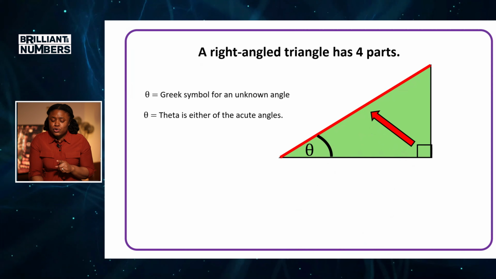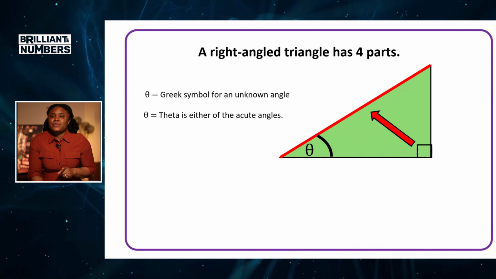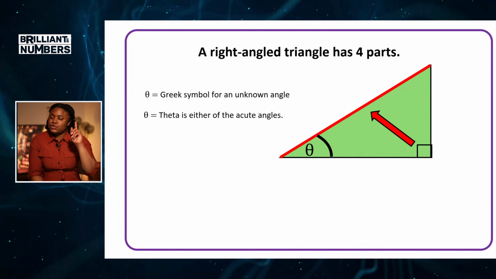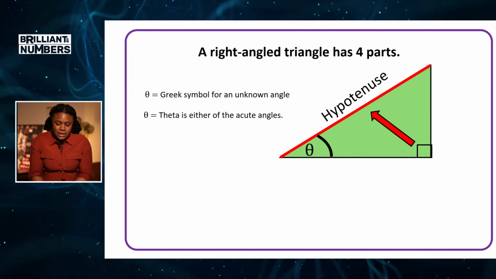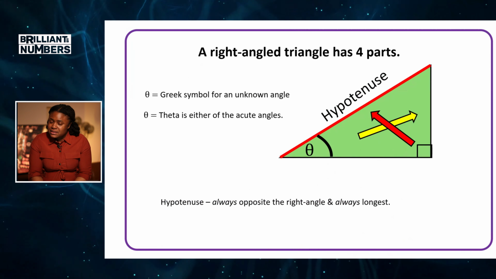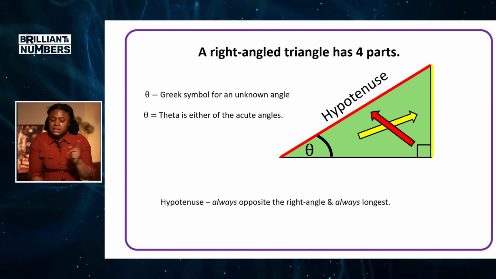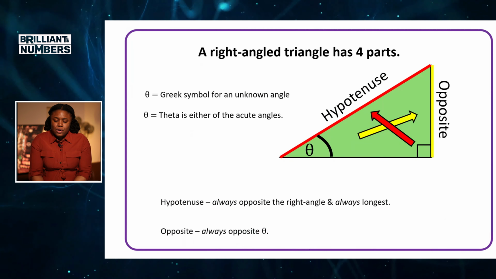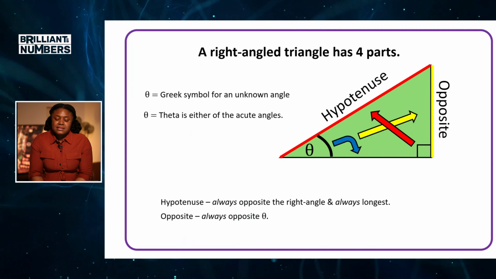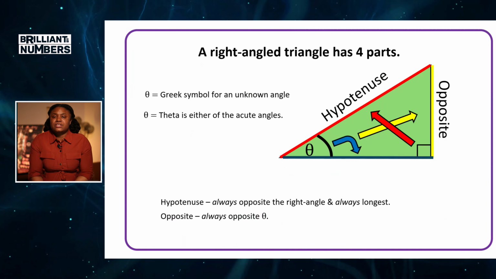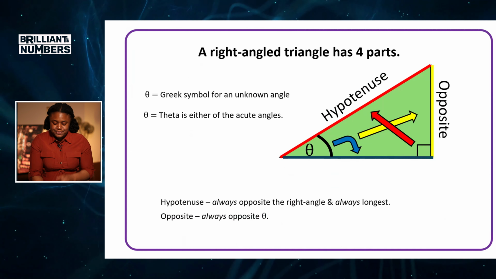Diagrams are not always drawn to scale, so the easiest way to find this is that it is opposite to the right angle. We also looked at our opposite side, which is always opposite to the angle given. And then we've looked at the adjacent side, the side on which the angle sits. Awesome. Now, with that in mind, let us look at inverse operations.